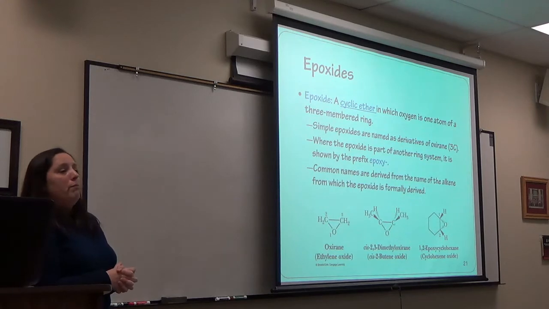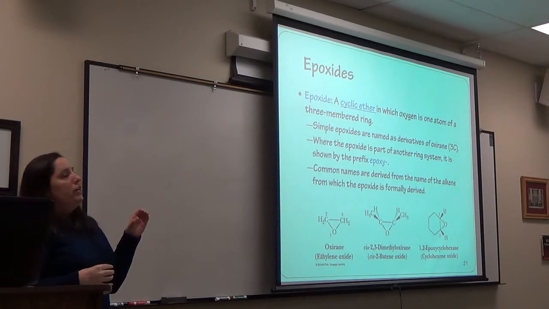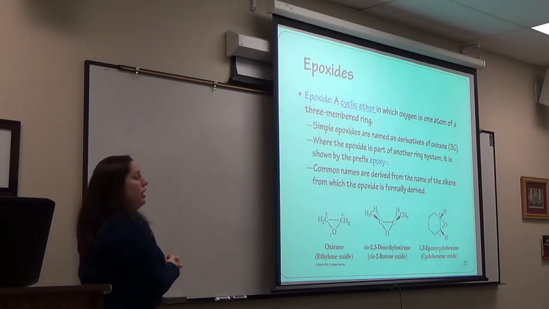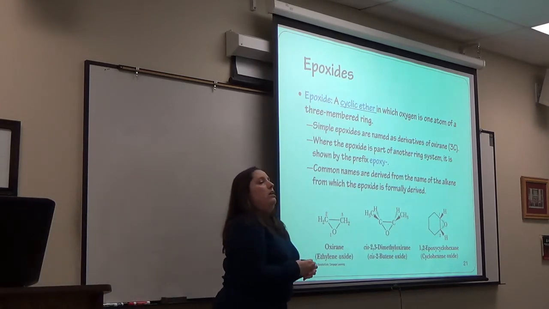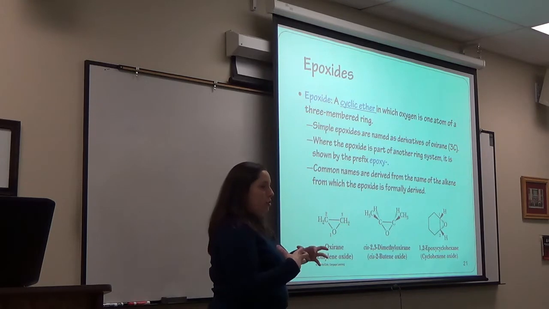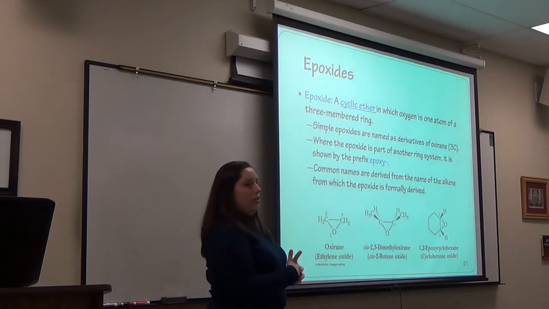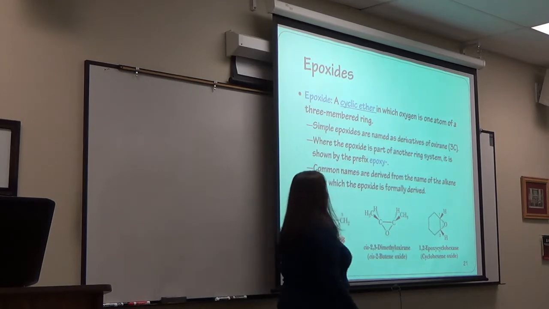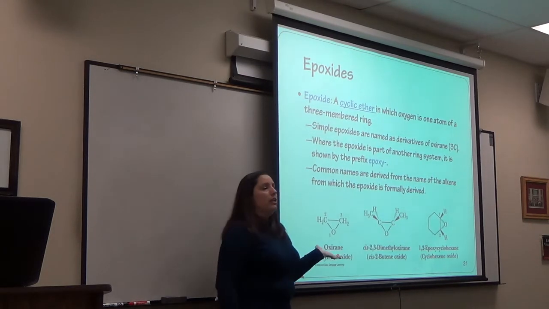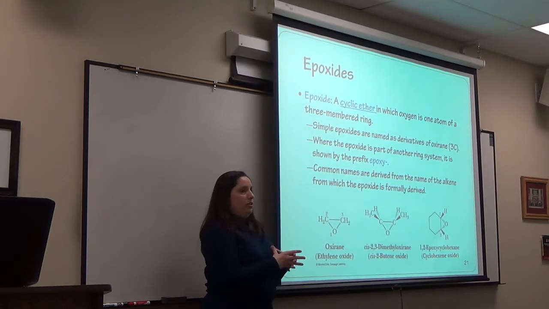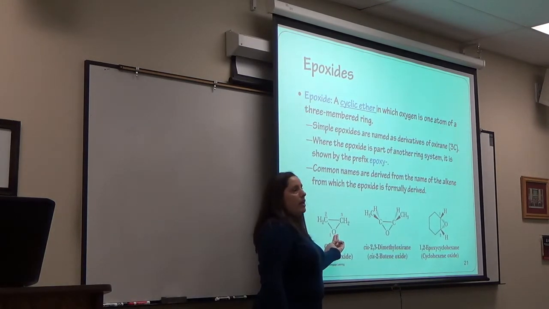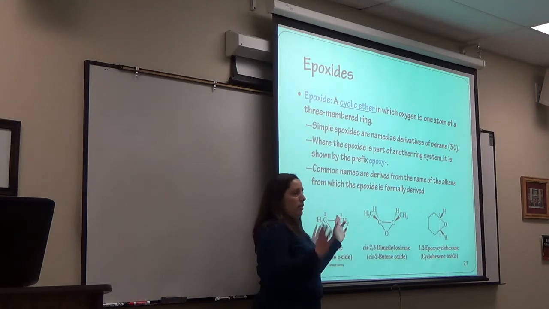So we were doing ethers. Remember that an ether is an oxygen bonded to 2 carbons. In today's lecture, we're going to see the O attached to 2 carbons, still an ether. However, it is cyclic. So we call it an epoxide when we have 3 members in that ring. So it's 2 carbons, and then the oxygen in between those carbons causes it to cyclize.